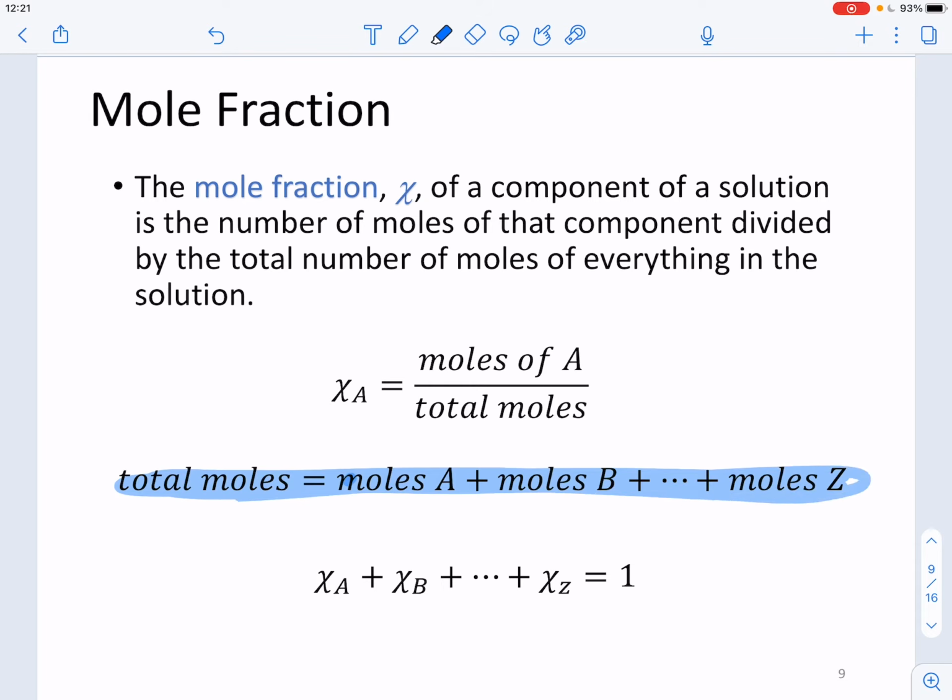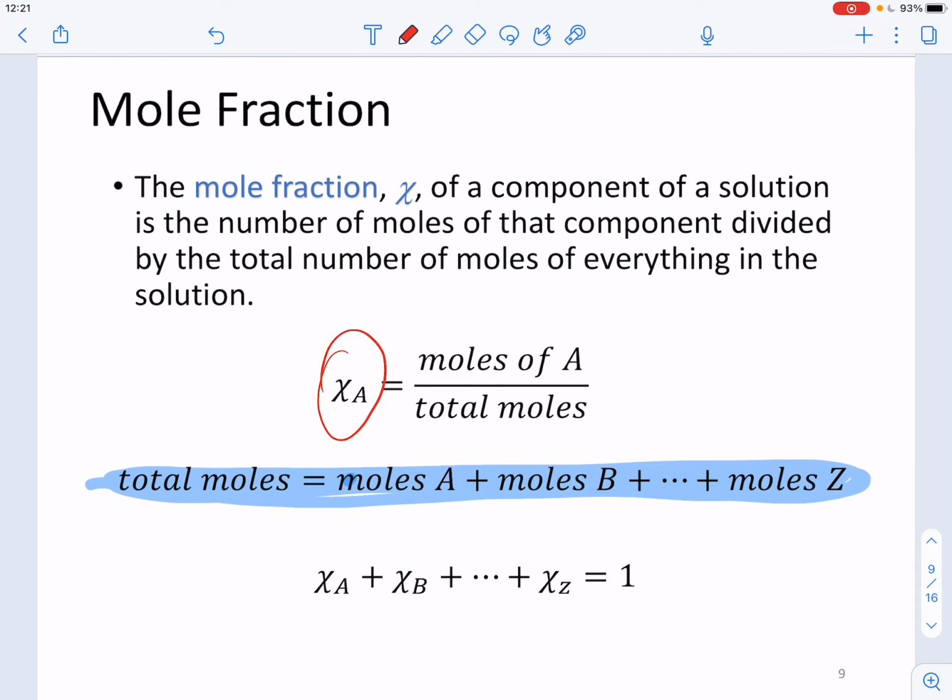It doesn't matter how many components. If you have 100 components, then there are 100 numbers of moles that you have to add together. So for any given substance, the mole fraction is the number of moles for that particular substance divided by the total number of moles.